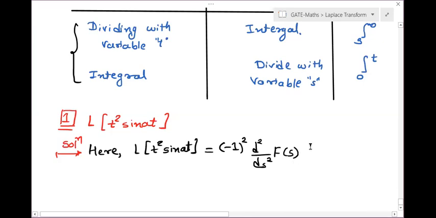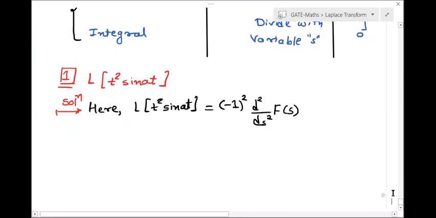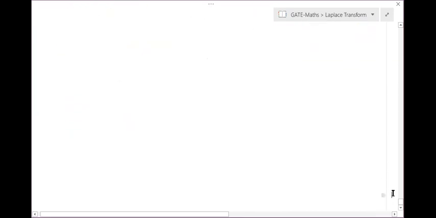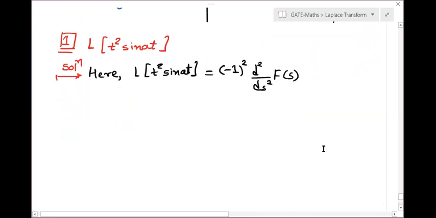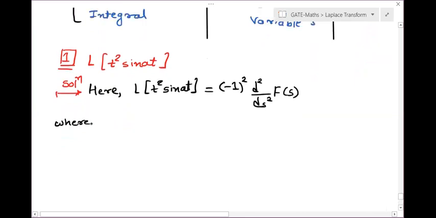What is your f of s? Where f of s is your Laplace of f of t. What is f of t? Sine at, right? So f of s is Laplace of sine at.